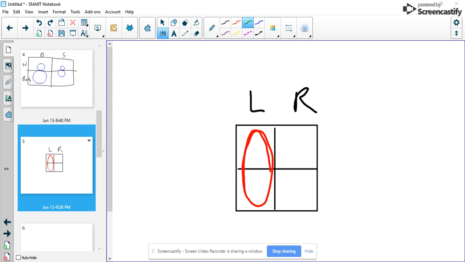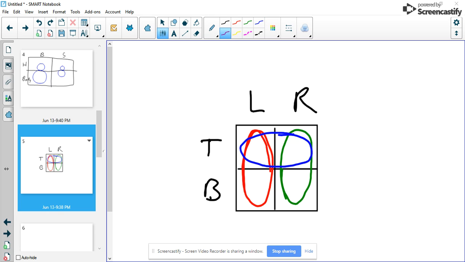Likewise, there's a relationship between everything on the right side. But there's also a top and a bottom. So there's a relationship between everything on the top, and there is also a relationship with everything on the bottom.